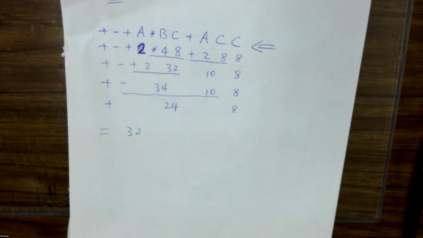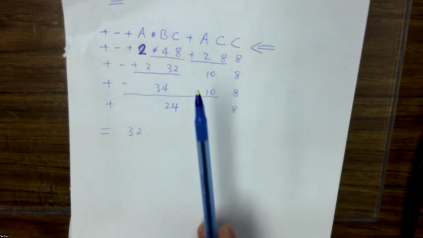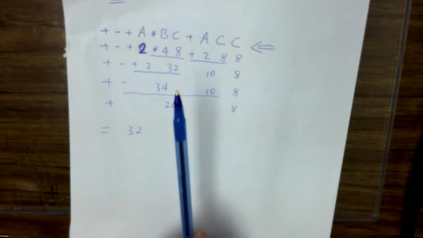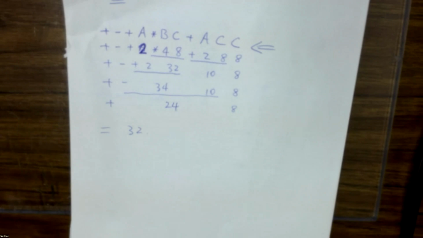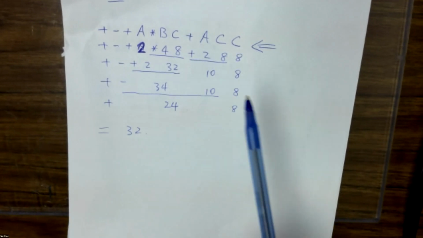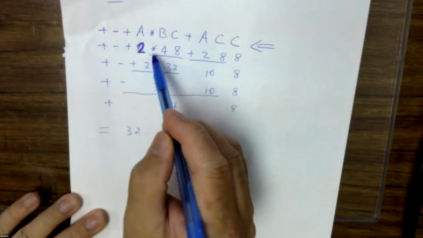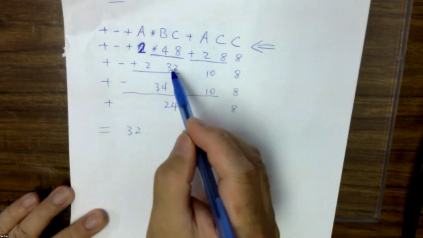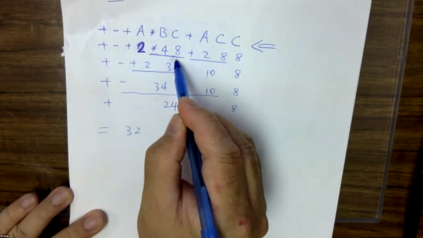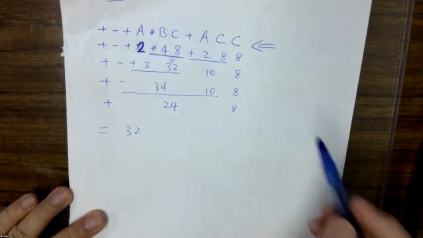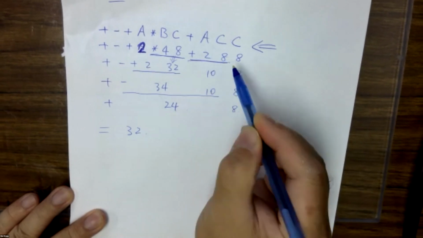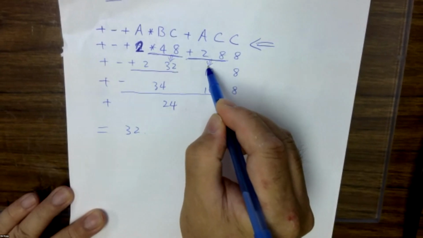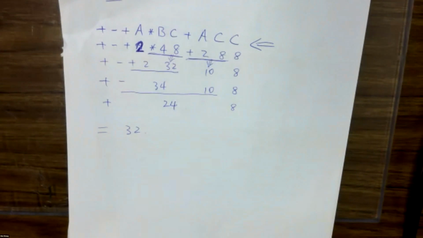Prefix needs to have an operator leading to operands. So this part, we have multiplication and then 2 numbers, so we can work on that. That gave us 32. And then this is also an operator leading 2 numbers. We can work on that. That gave us 10.